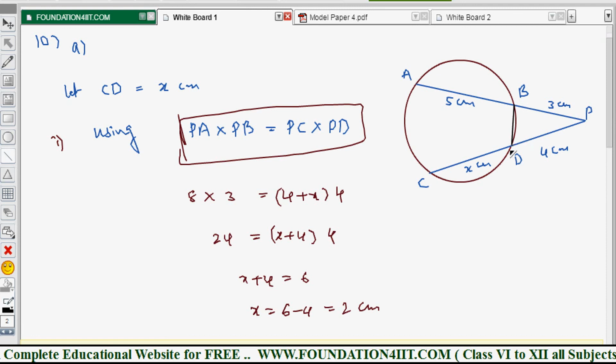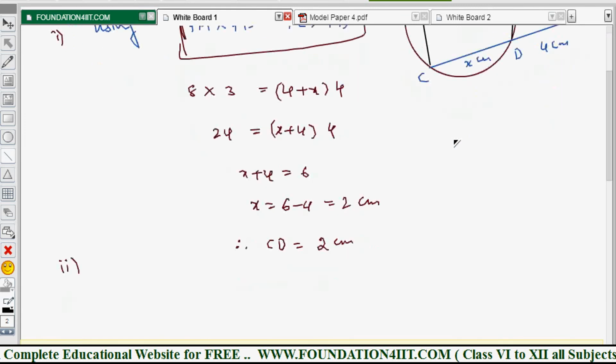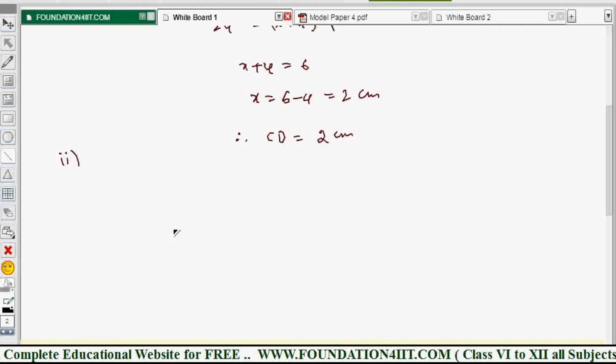You'll get PBD is a triangle and PAC. So ABCD is a quadrilateral. Now we'll take PBD and PAC. We will prove both are similar first. CD we got 2 centimeters.